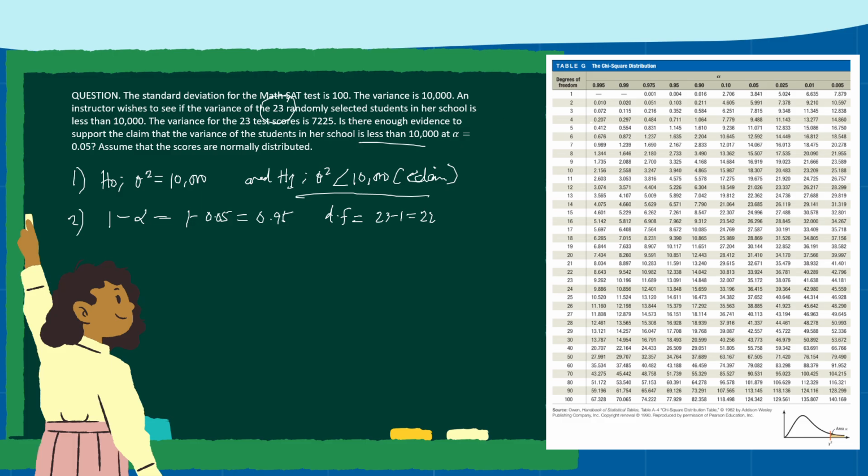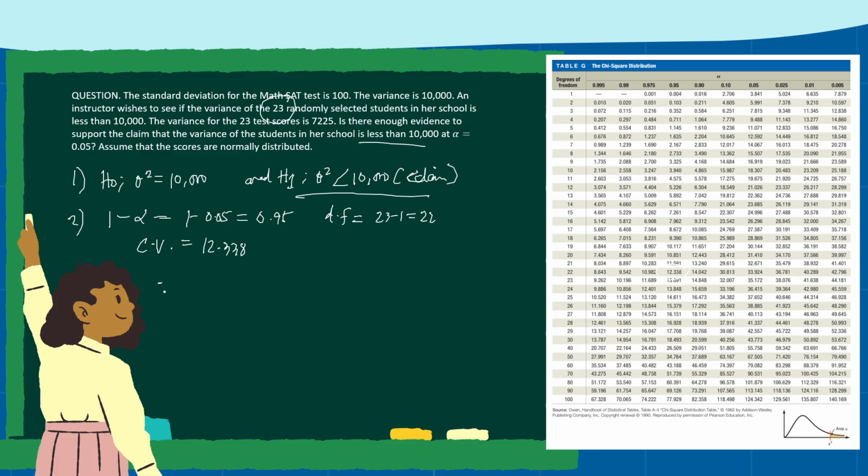So with 0.95 and 22 degrees of freedom, the critical value is 12.338. That would be our critical value.